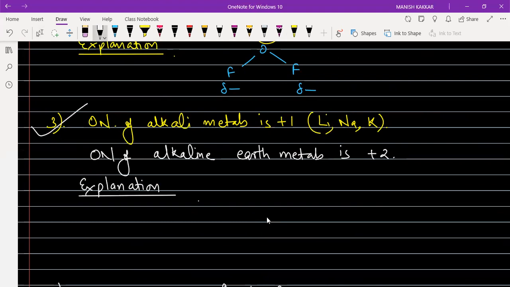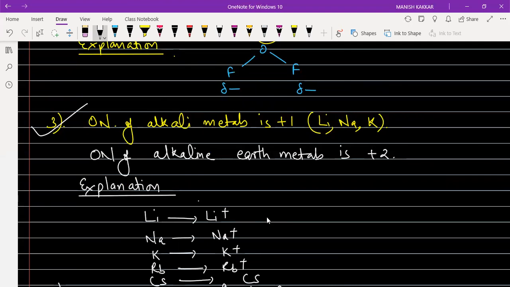The third point says oxidation number of alkali metals, lithium, group first element, sodium, potassium, rubidium, cesium, जो इनकी वैलेंसीज हैं, ठीक है ना, वही इनका ऑक्सीडेशन नंबर भी है, that is equal to +1 in this case, ठीक है। तो सीजियम पे क्या चार्ज है? सीजियम प्लस। लिथियम पे क्या चार्ज है?